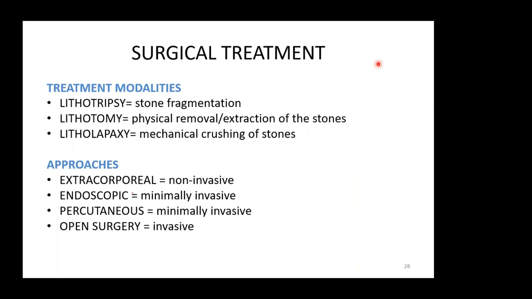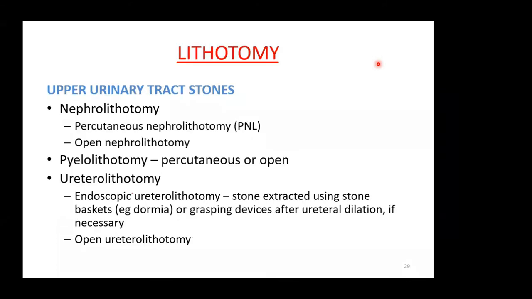If it's in the ureter, you open the ureter and remove it. So in the upper urinary tract, we have nephrolithotomy, and we can have the percutaneous one or the open. Nephrolithotomy therefore means that if there is a stone in the pelvis or in the kidney, you do open surgery, and then you remove the stone physically.